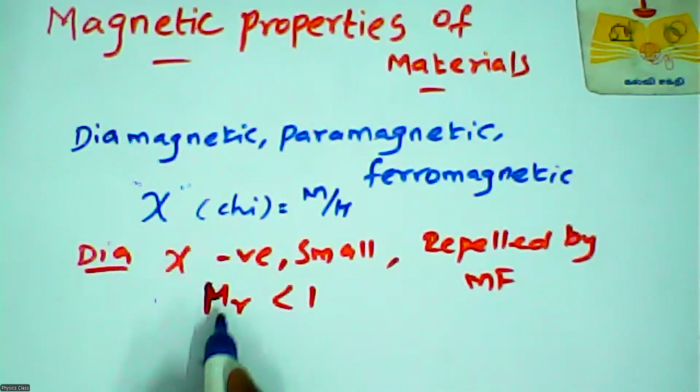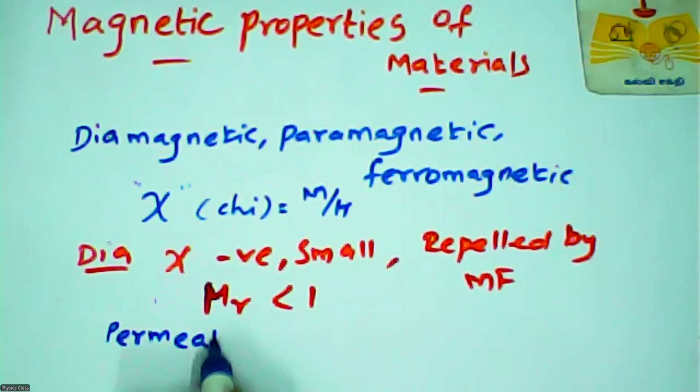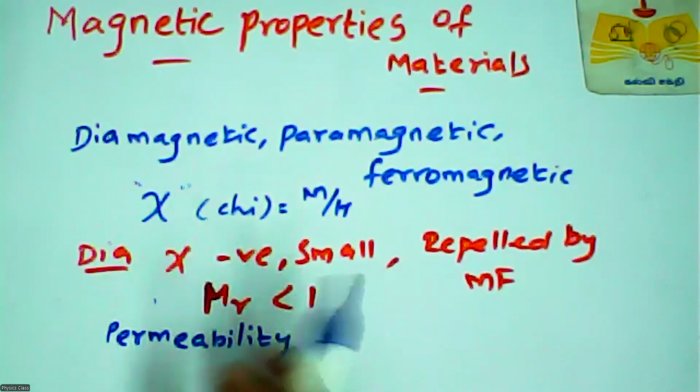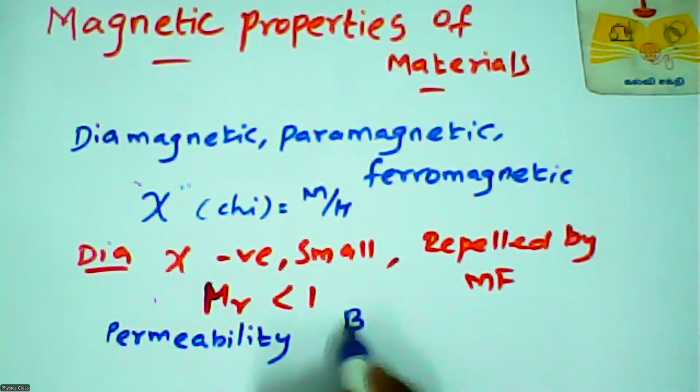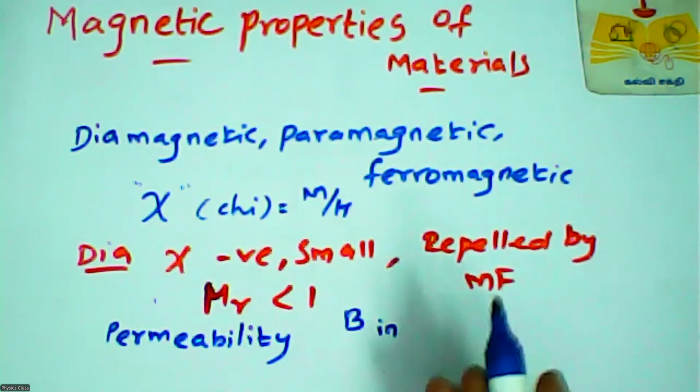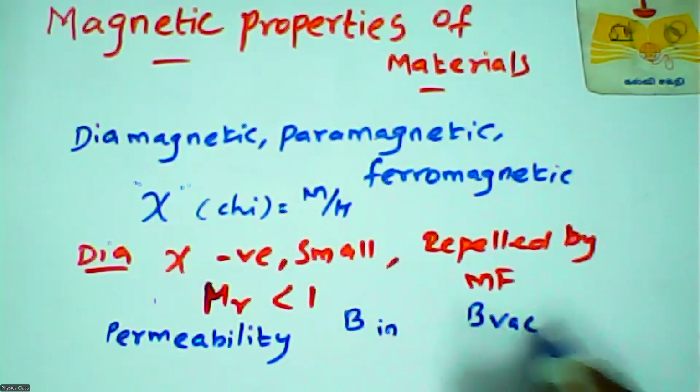And mu r means relative permeability. This tells us how much greater the magnetic field B is inside the material compared to the field in a vacuum.